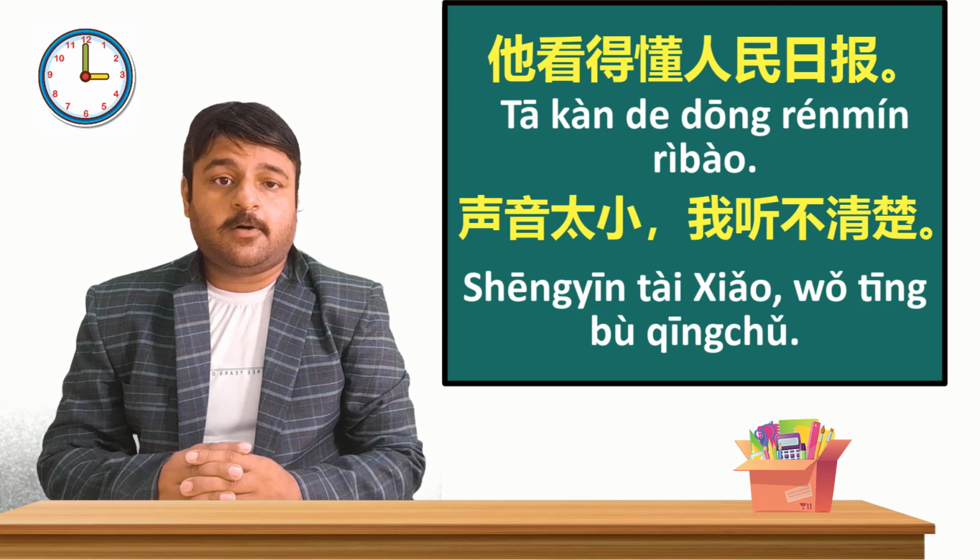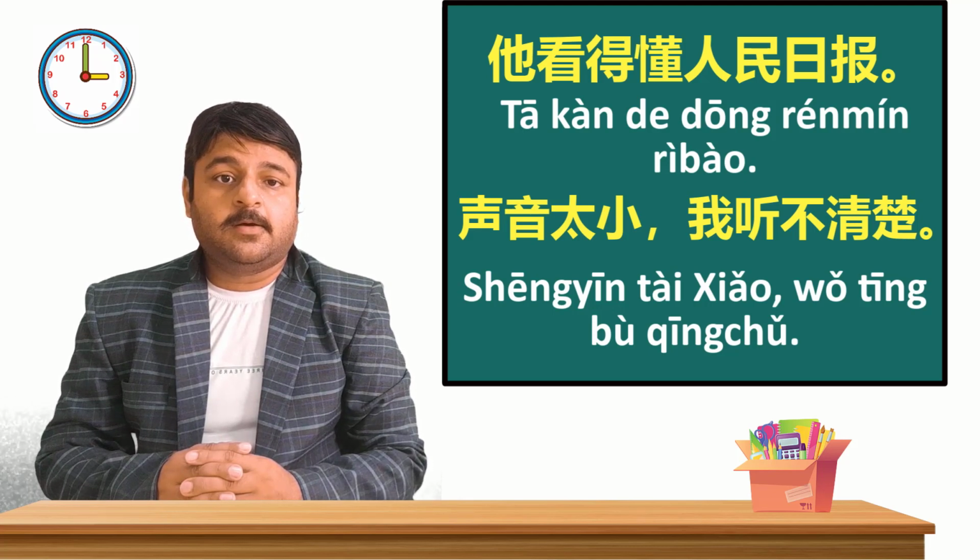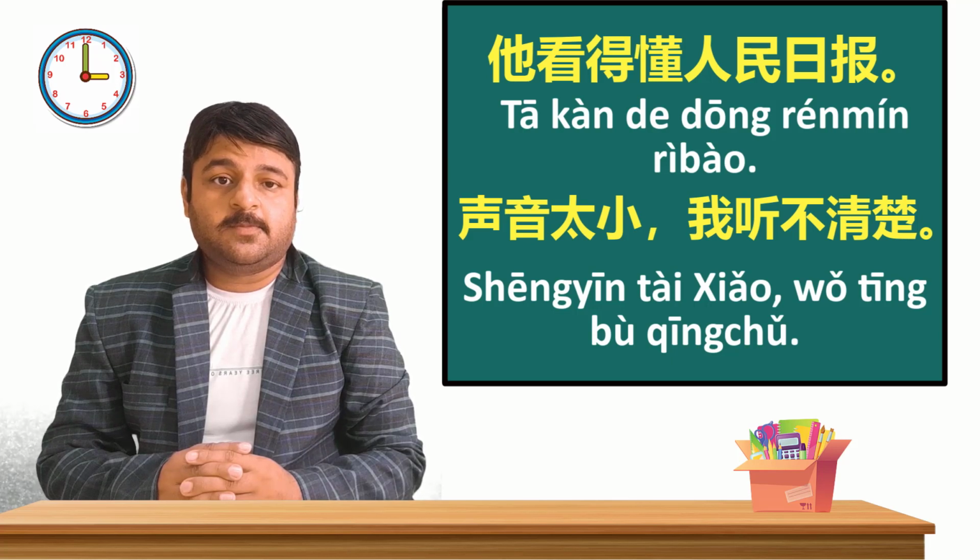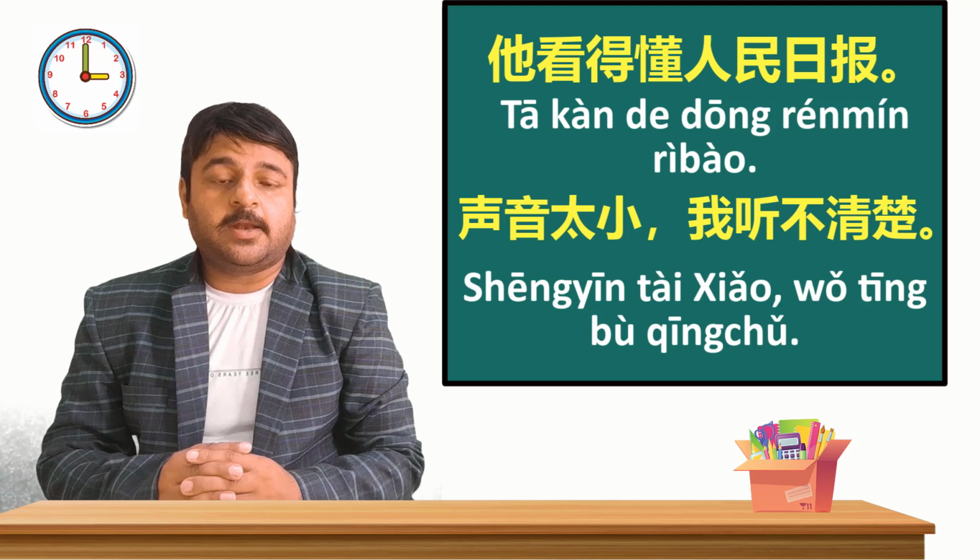This is the negative form of potential complement. Remember, we made the potential complement by placing the 得 between the verb and resultative complement. Similarly, if we have to negate it, we replace the 得 by 不. 我听不清楚. Tīng to listen, 清楚 clearly, cannot listen clearly. The voice is low, I cannot hear clearly.